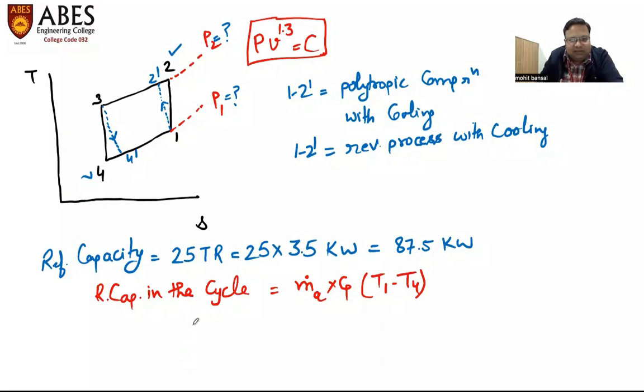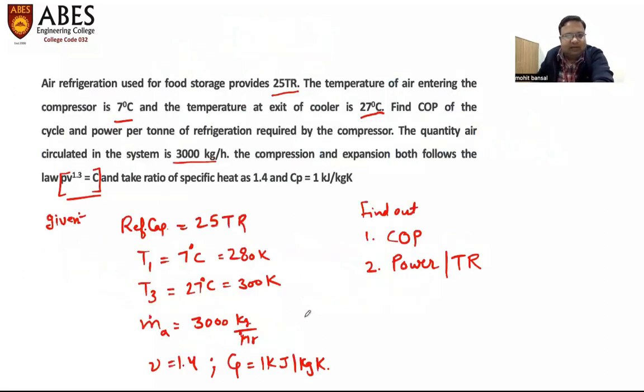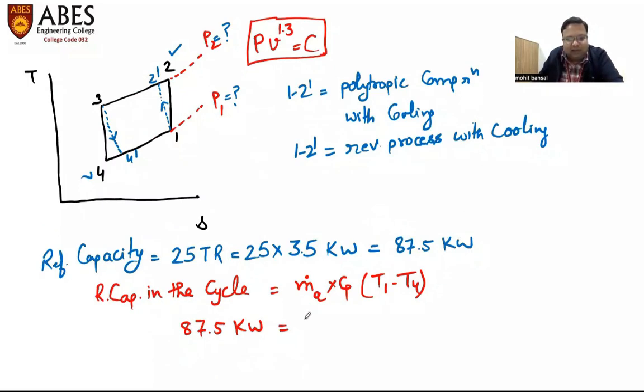So refrigeration capacity is given as 87.5 kilowatt, and the mass flow rate of air is given as 3000 kg per hour. We will convert this into kilogram per second.